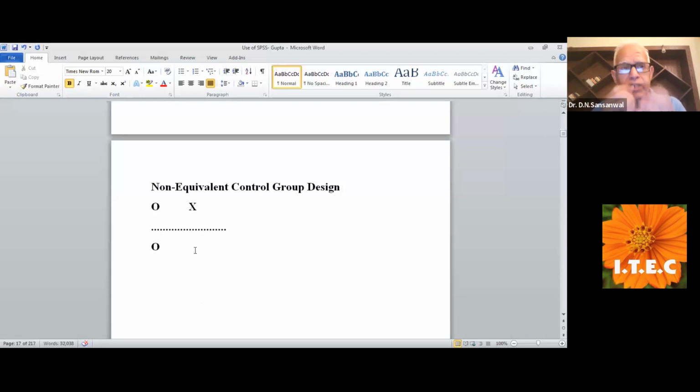Here also the same content is to be taught for 3 months, not with the help of the treatment that you are giving, but with the help of the lecture method or traditional method. After the end of the 3 months, you again administer the same tool. So therefore you have the pre-test and you have the post-test also.